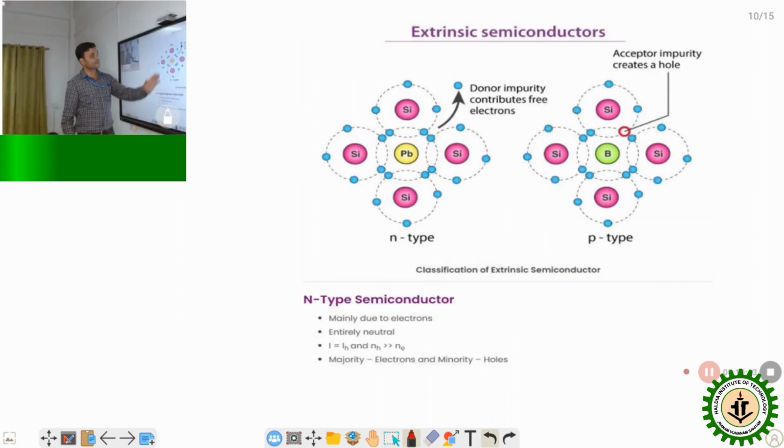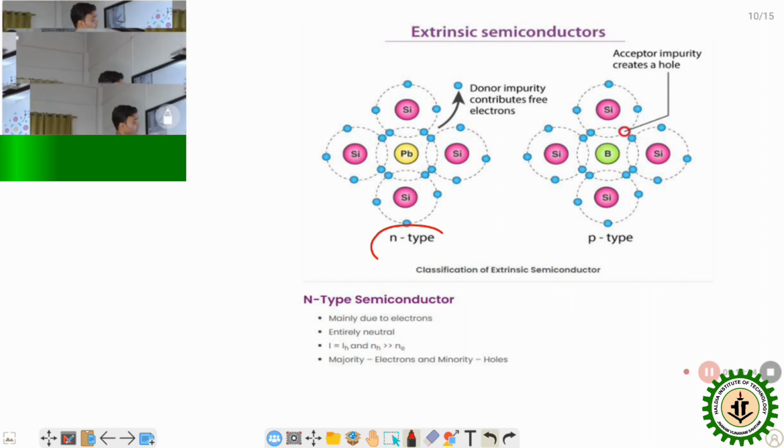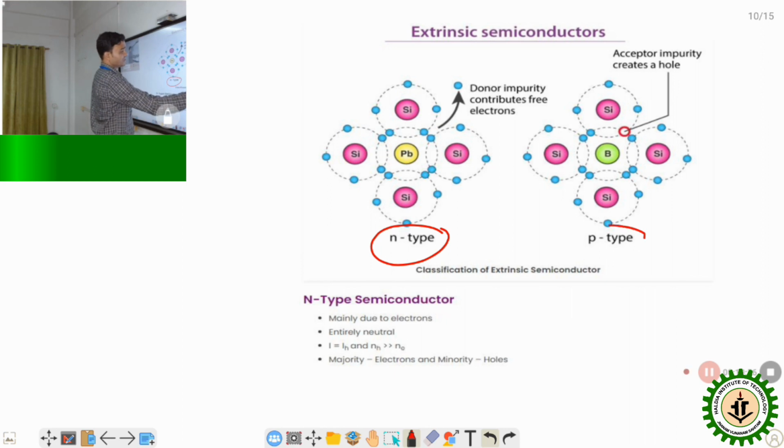In the case of an extrinsic semiconductor, a pentavalent or trivalent atom is doped into the pure semiconductor, silicon or germanium. When a pentavalent atom is doped into tetravalent silicon or germanium, an excess electron is there.